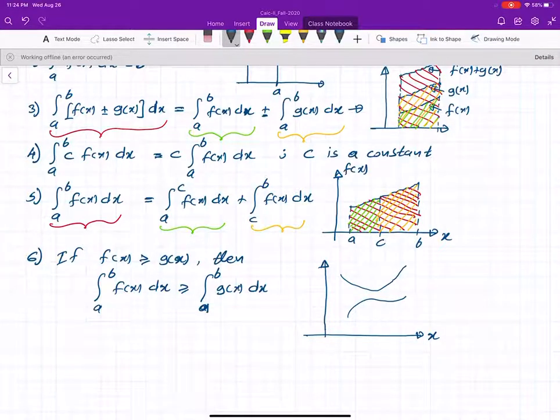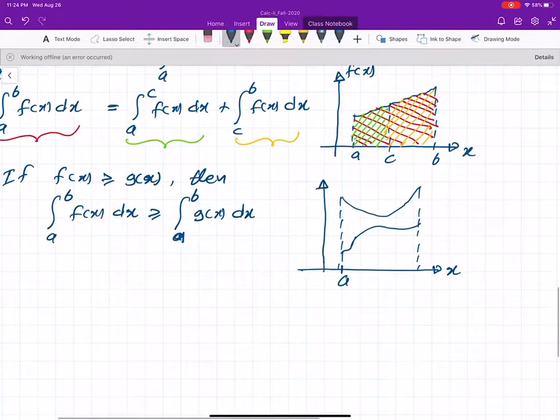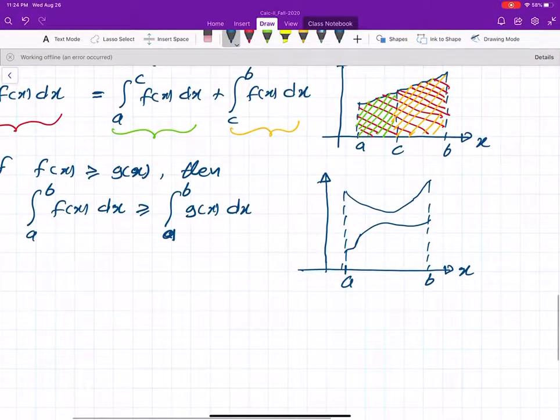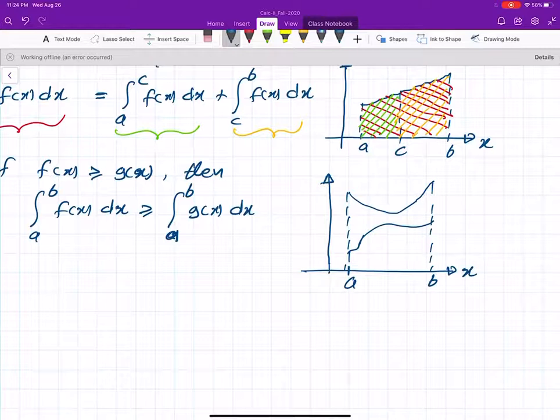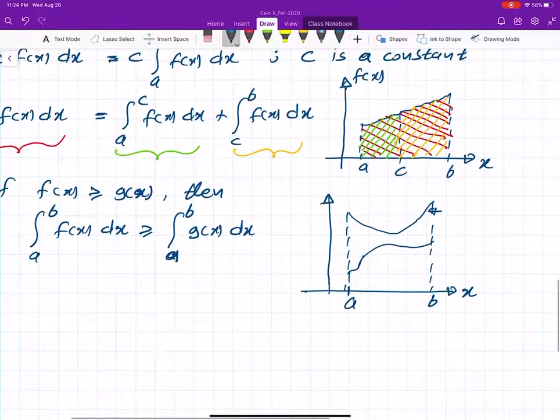Okay. This is a, and that is b. Sorry, this is f of x, because f of x is always greater than or equal to g of x, and this is g of x.